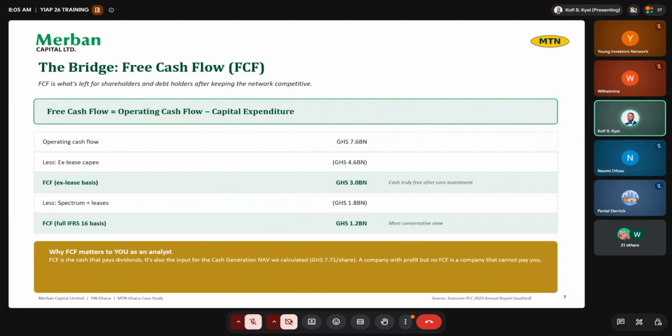Now we come to the free cash flow. I mentioned that the basic formula is to take your capital expenditure out of the operating cash flow. When you do that, the rest of the cash is free cash flow that can be used to finance activities. So as you can see, you reduce it by the capex components, then spectrum and leases. Then you come to your free cash flow. That's the basic.